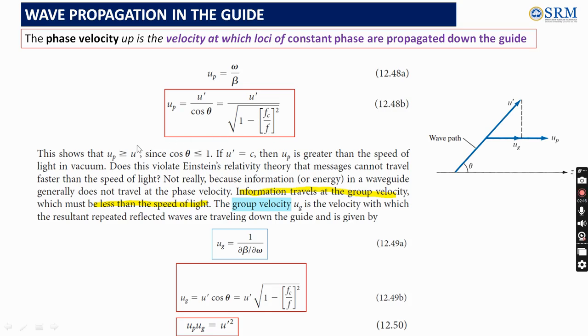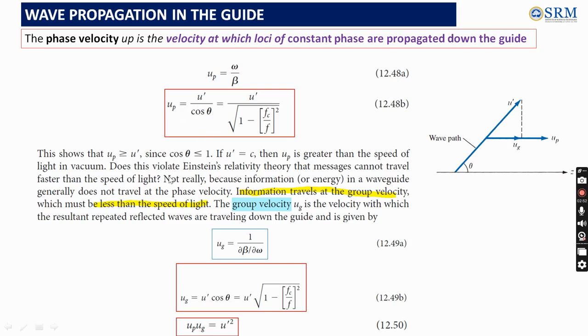The interesting fact is that the phase velocity is greater than or equal to the medium velocity. Why? Because the cosine of the angle is at maximum 1, or it can be less than that. If you consider the medium as free space, with velocity equal to the speed of light, the phase velocity is greater than the speed of light.